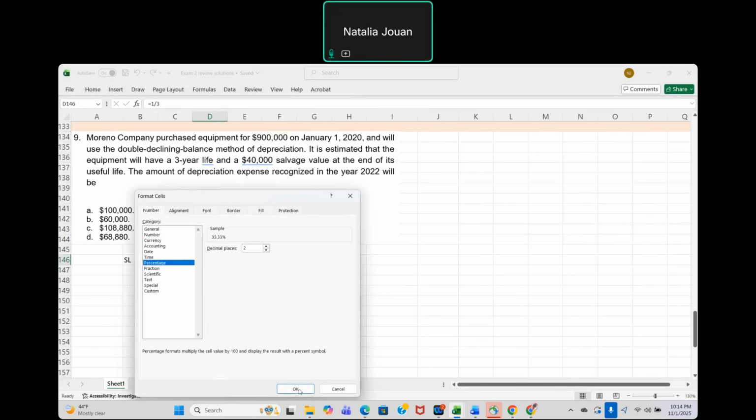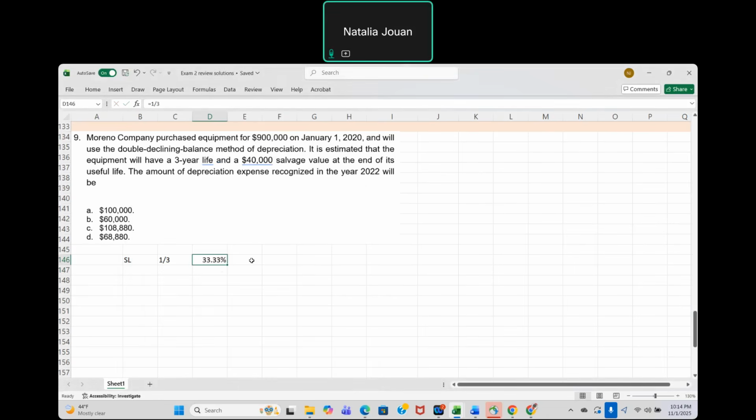Now we want double declining, so we're going to do times 2. That percentage times 2. For double declining, we'll use 66.66% per year.